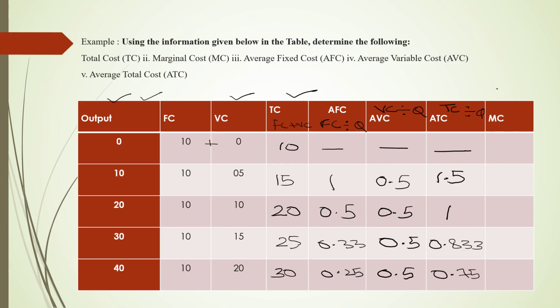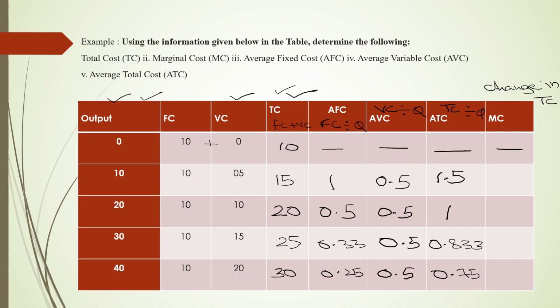Now we will take the last one, that is marginal cost. What I told you, marginal cost, what we have to see? We will write here change in total cost. So we will see this column, total cost. So first is 10. We will take dash. Now when the output is 10, total cost increases to 15. Before it was 10.